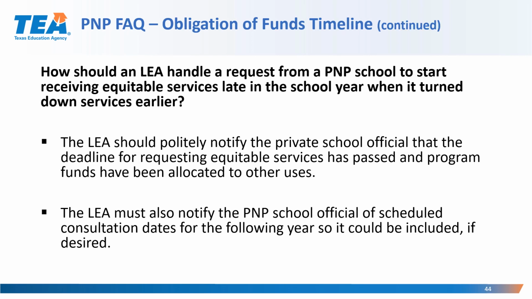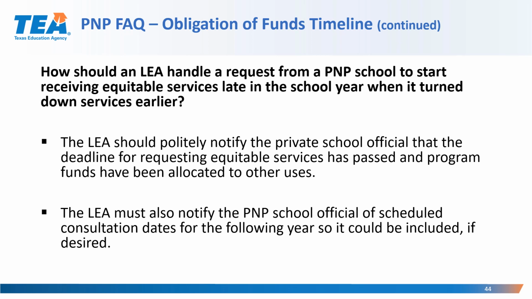How should an LEA handle a request from a PNP school to start receiving equitable services late in the school year when it turned down services earlier in the year? The LEA should always have a deadline. The LEA can politely notify the private school official that the deadline that was provided at the beginning of the year has passed and program funds have been allocated to other uses.